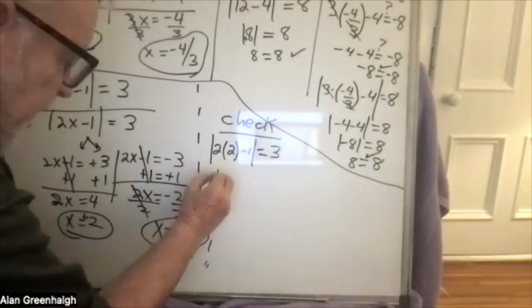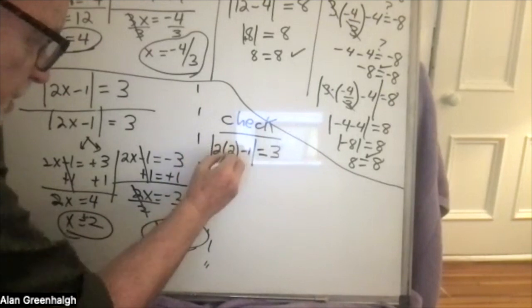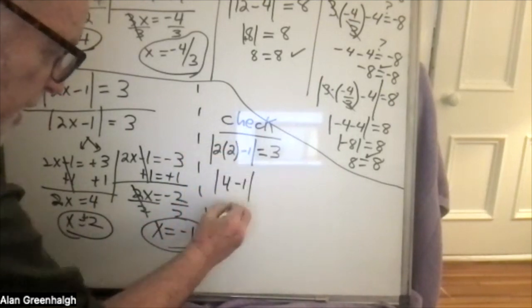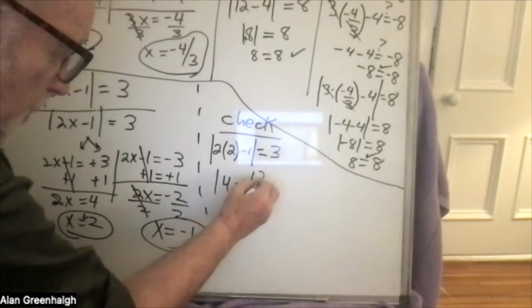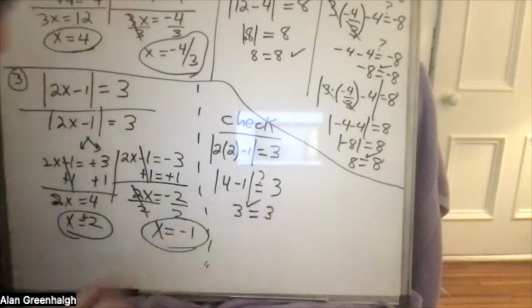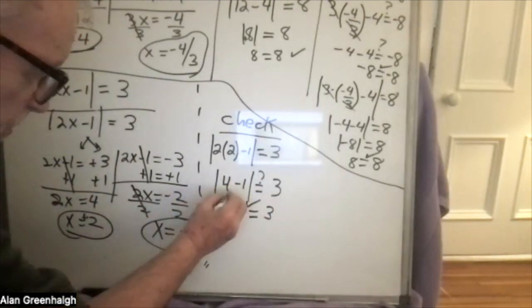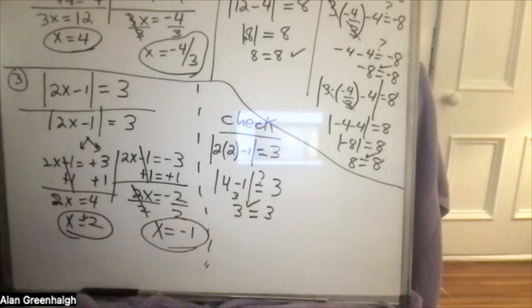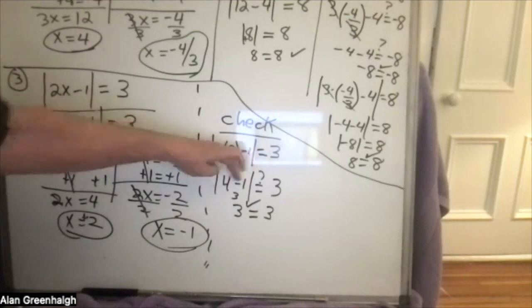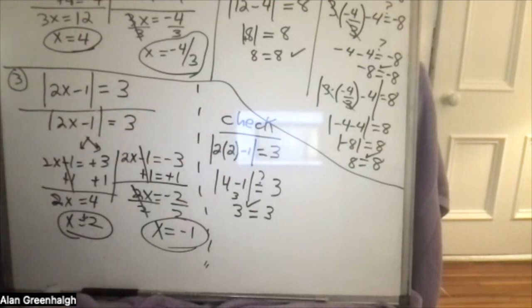So you get positive 2 times positive 2 is 4, minus 1 is 3, and 3 is equal to 3. Fine. I shortcutted it because it was kind of easy, just 4 minus 1. You could see that's equal to 3.